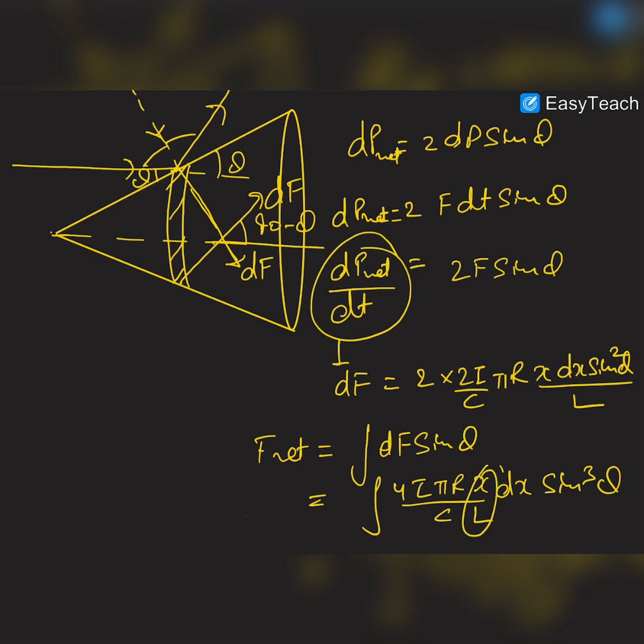So this x by L, again you can say, in fact this r by L is sin theta. So F net will be equal to 4I pi by c, and sin to the power 4 theta is common, and the integration of x dx is x square by 2.